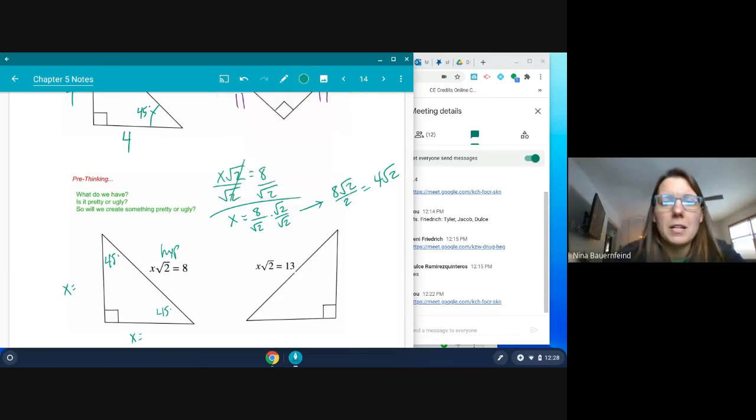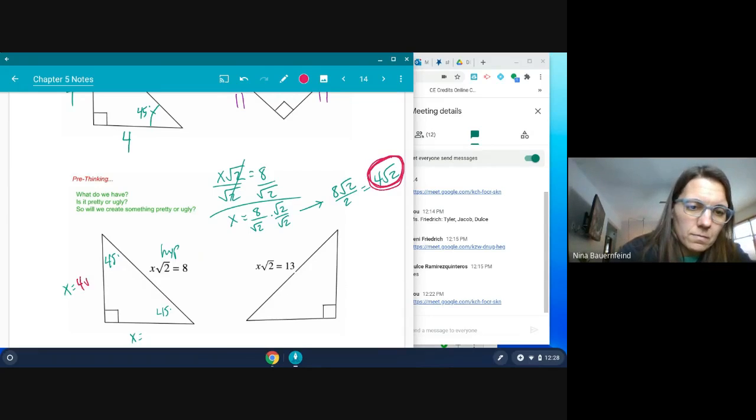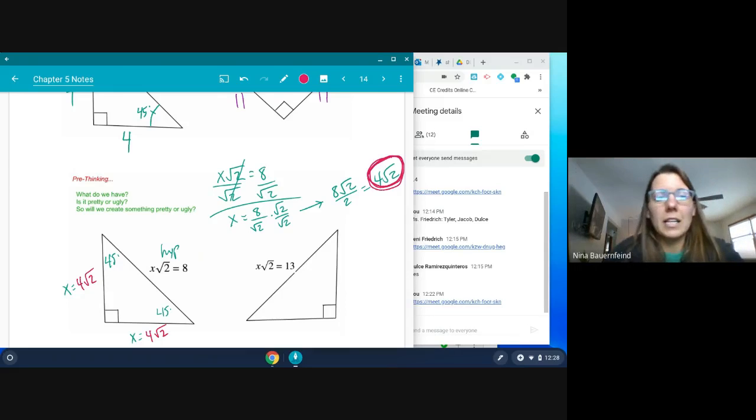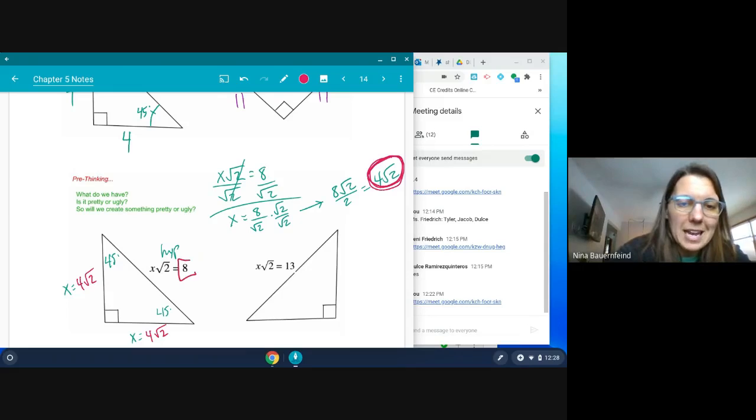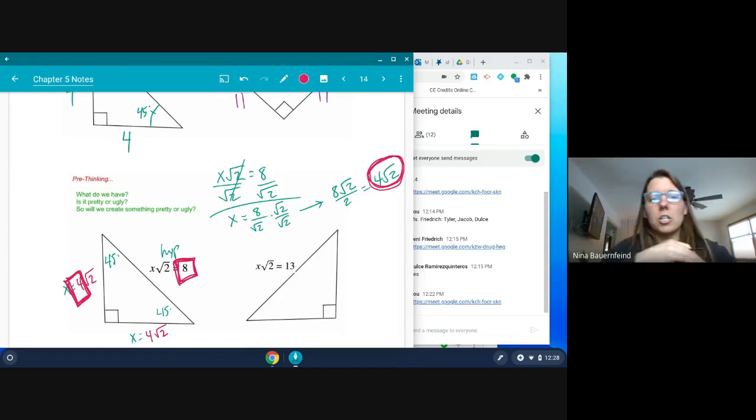Okay, so I'm going to pause here in a second. You don't need to know how to do that. This is x. What is the relationship between 8 that we started with and 4 that we ended with? What is that relationship? It's half.